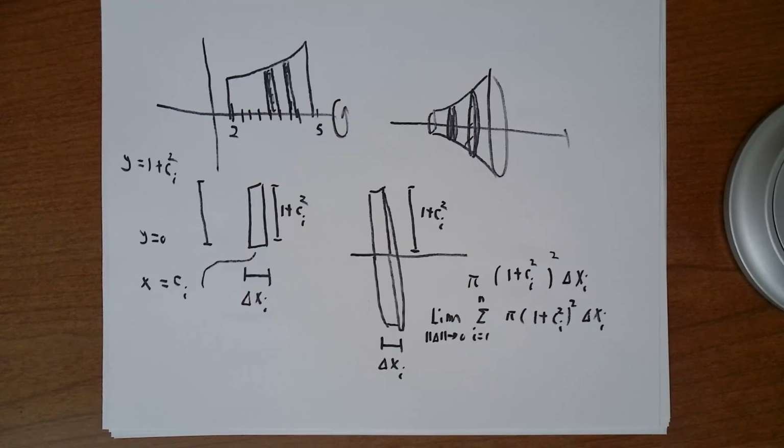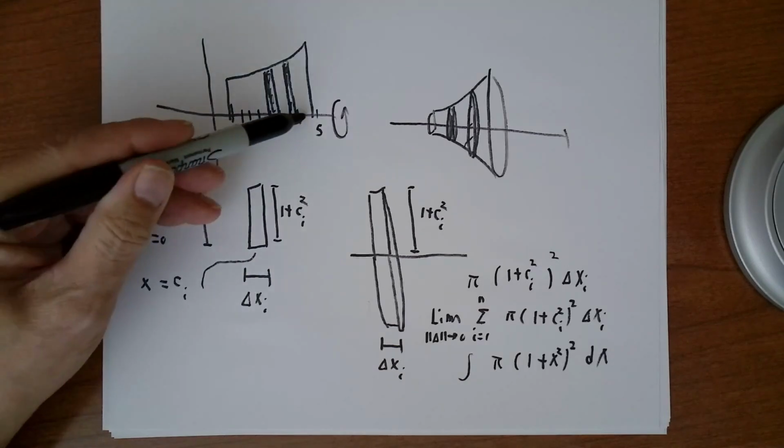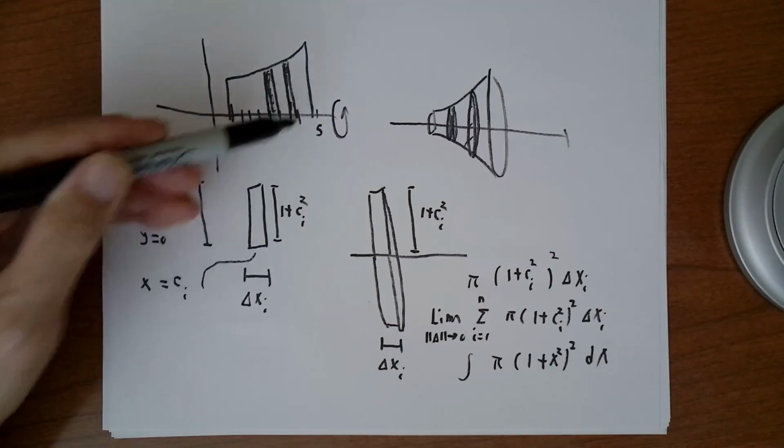Having gone through everything that we've already gone through, surely it can't be a mystery to anyone that this is a definite integral, where the limits of integration are 2 all the way up to 5.